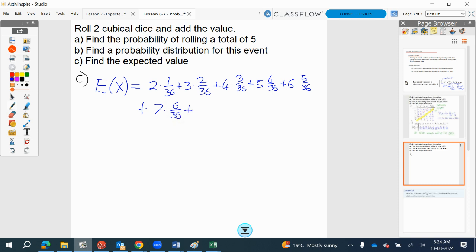What's the next term in the sequence? 8 times 5 over 36. What's the next term in the sequence? Celine? 9 times 4 over 36.